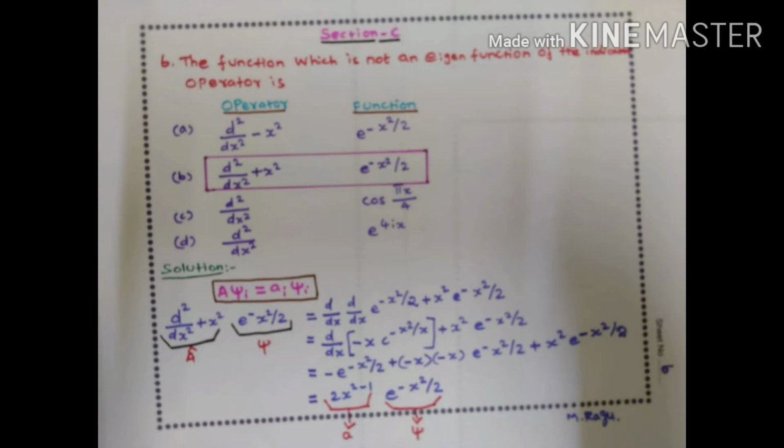So we get x square minus 1 times the same function, making it an eigenfunction. So the answer is option B, d square by dx square plus x square e to the minus x square divided by 2. Option B is not an eigenfunction of the operator.